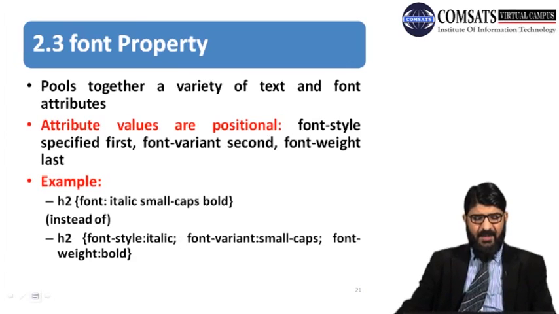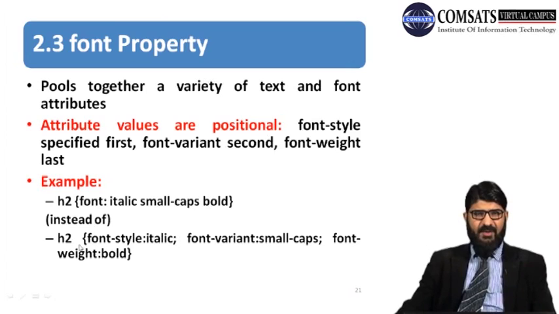So see the example. H2 is in heading, the font property is used and first it is written italic, that is basically font style, and then font variant small caps is written and then bold, that is font weight is written.